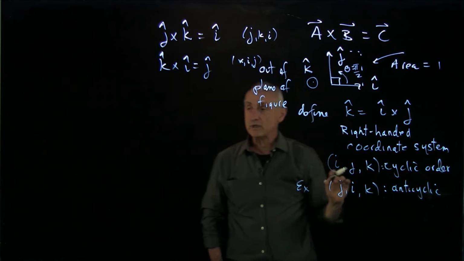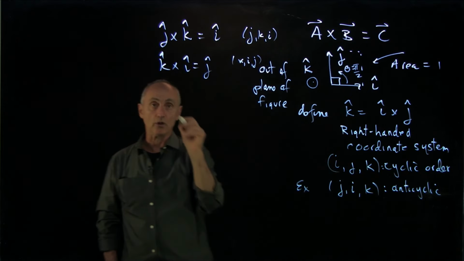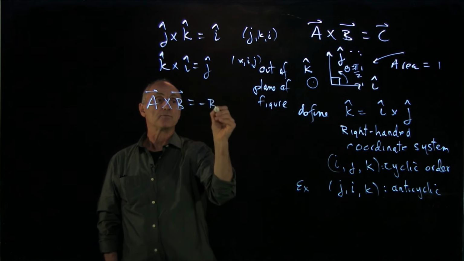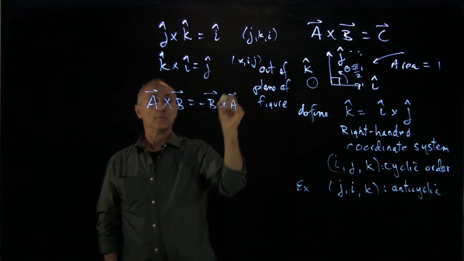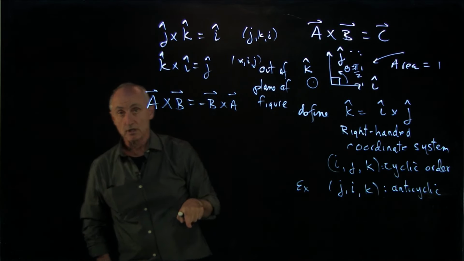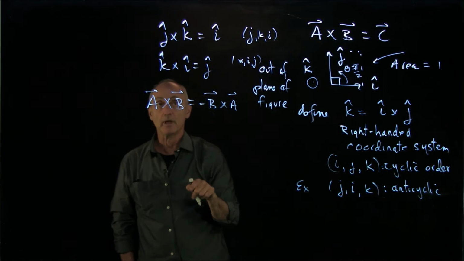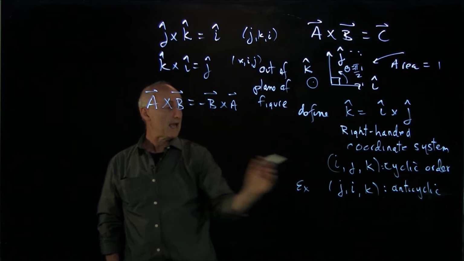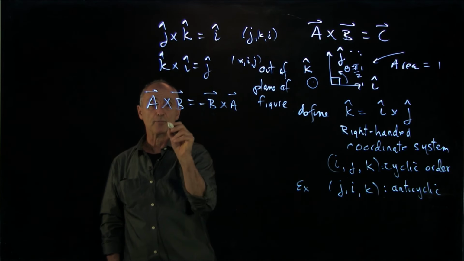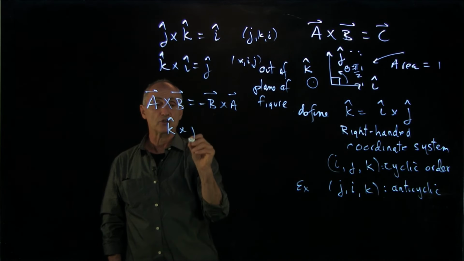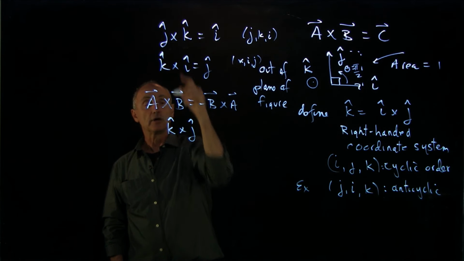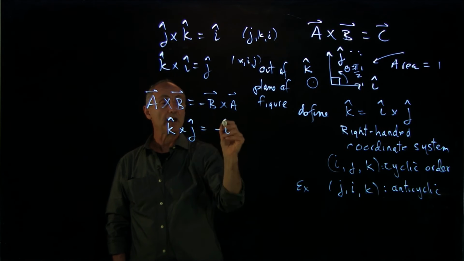But because of the way we defined a cross product in general, A cross B is minus B cross A, because now you're using the opposite direction, so there's a minus sign. And therefore, any anticyclic permutation of these unit vectors, as an example, k hat cross j hat, has to be minus i hat.